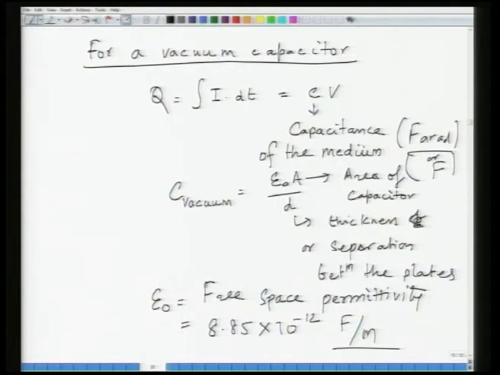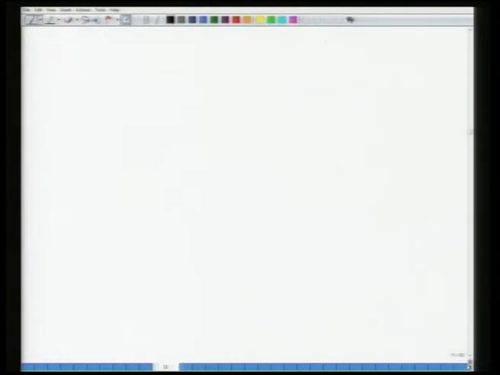Now, if you insert a dielectric material between the plates, then the capacitance gets modified. So, upon insertion of a dielectric material, this is the fundamental thing about dielectric material. A dielectric material, when you insert between two plates, it has to increase the capacitance. Okay.